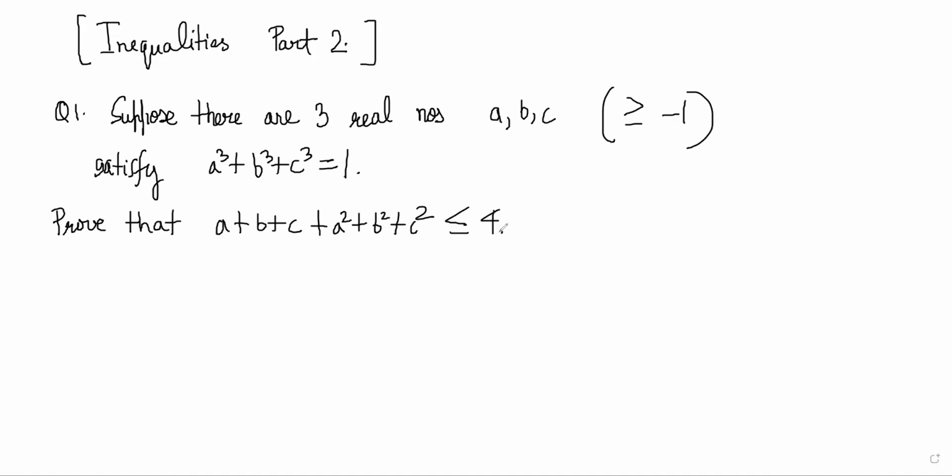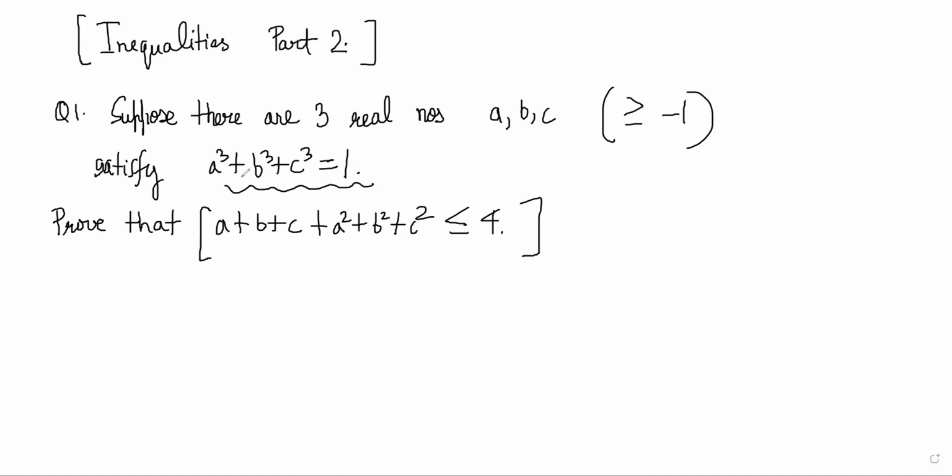Okay, so let's think about this. How do we prove this inequality? A plus B plus C plus A square plus B square plus C square is less than equal to 4. Now, one way here is to look at the target inequality and try to use this somehow here, right? So how can we use this?